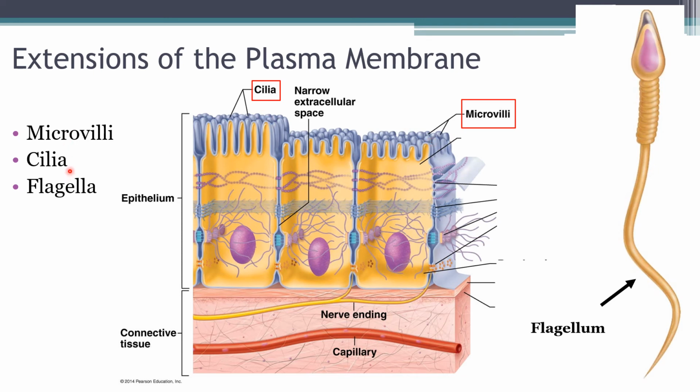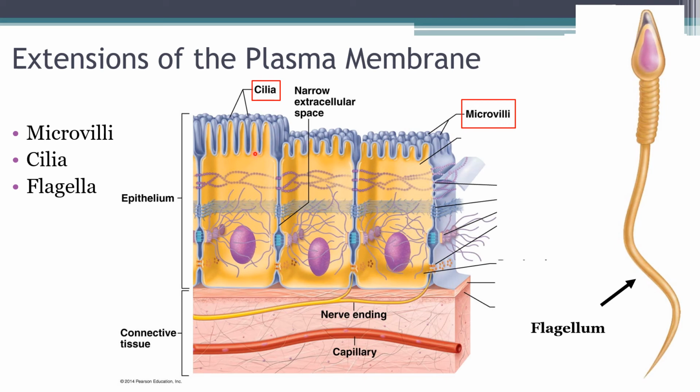The next extension type are cilia, and cilia are going to look a lot like microvilli, just longer. So kind of think of them initially as longer microvilli. Okay? So bigger folds, longer folds. Now, compared to the last type, they're going to be intermediate in length folds of the plasma membrane. Now, unlike microvilli, some cilia can be motile, some are not.